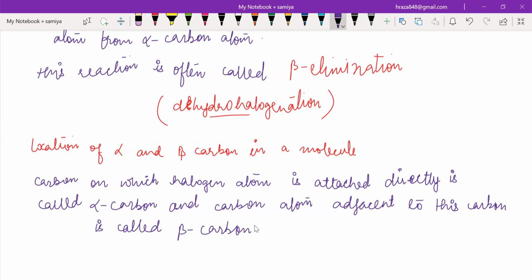So it's very simple to understand: if this carbon is connected with X, that is halogen, like this, you can see this will be alpha carbon and this will be beta carbon, and the carbon adjacent to beta carbon is known as gamma carbon, that you will study in higher classes.